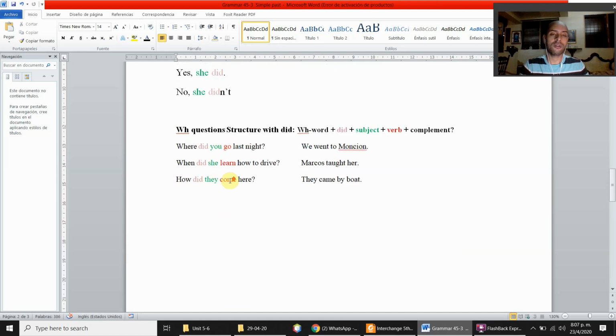Now the structure with WH questions. WH word plus the auxiliary did plus the subject plus the main verb plus the complement. Where did you go last night? WH word, the auxiliary did, the subject you, the verb go.